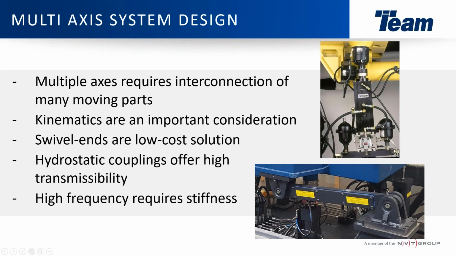The Team Hydroball is shown here on a 3-2-1 system design, and this Hydroball is mounted on either end of the actuator, which is a good way to separate the centers of rotation and achieve higher angular motion. But by doing that, it puts the actuator in sort of a bending mode.